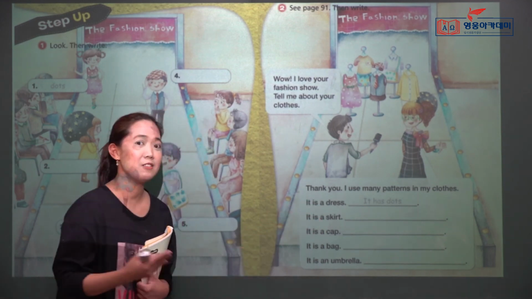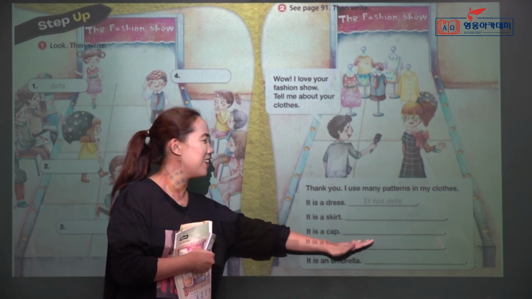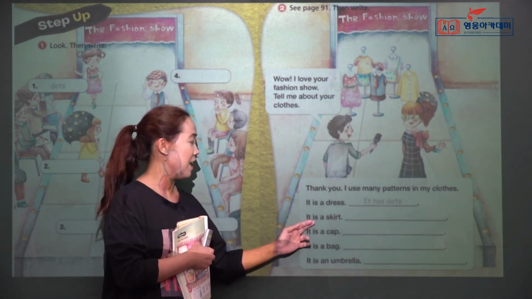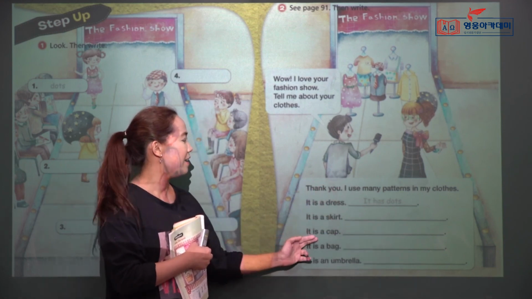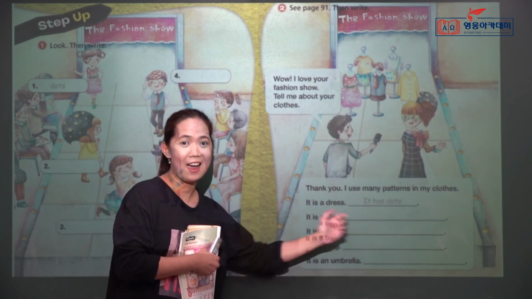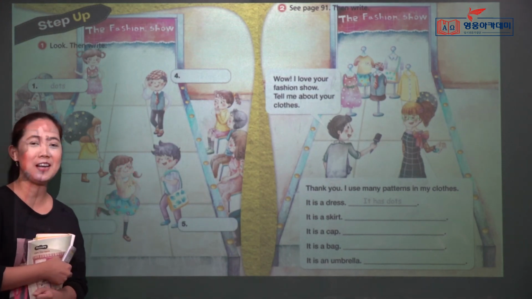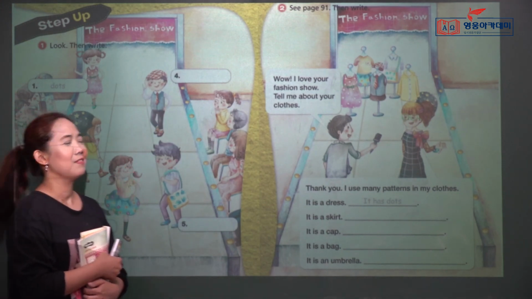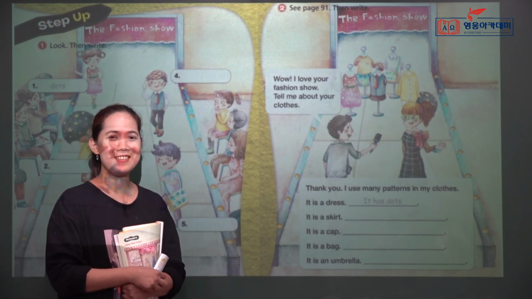It has dots." Now your task is to complete these sentences, all right? It is a skirt. It is a cap. It has, based on this page. All right, guys? I think your writing activity today is very easy, right?